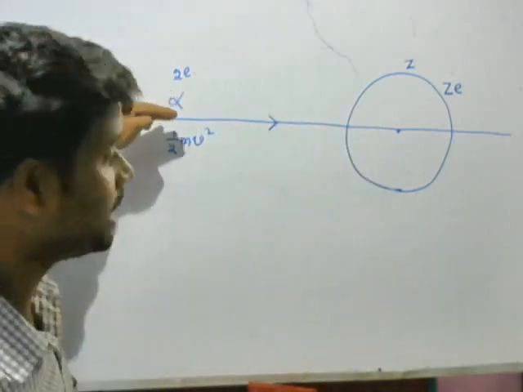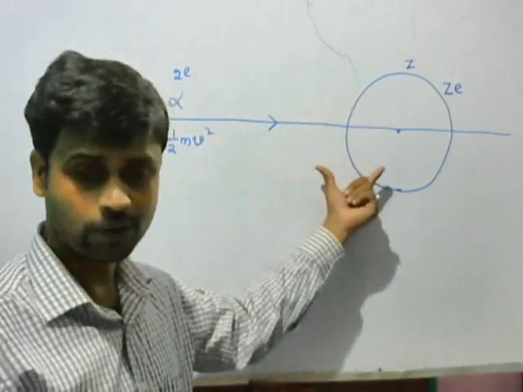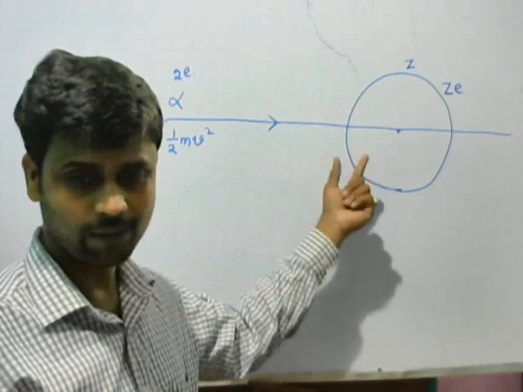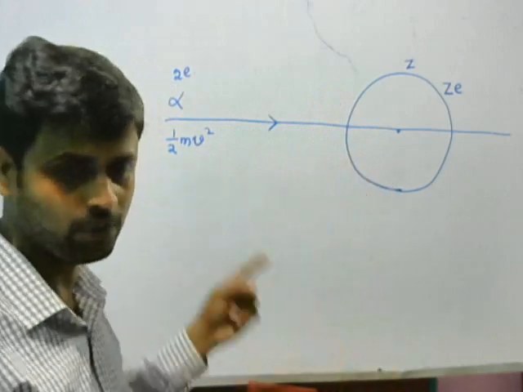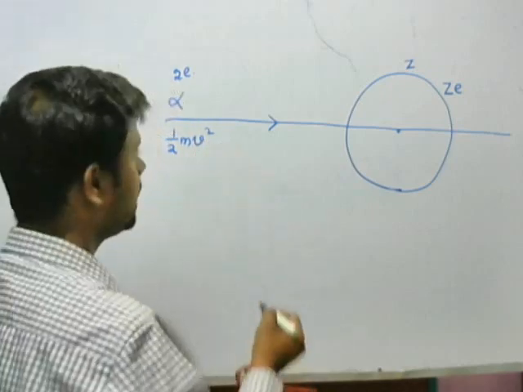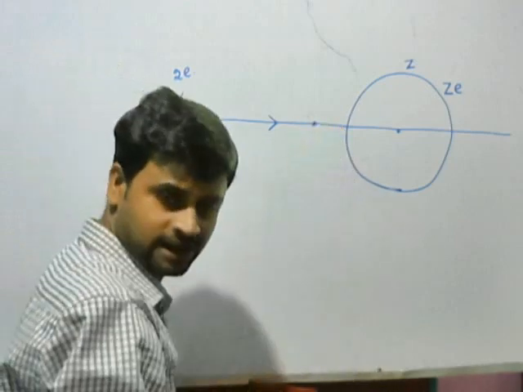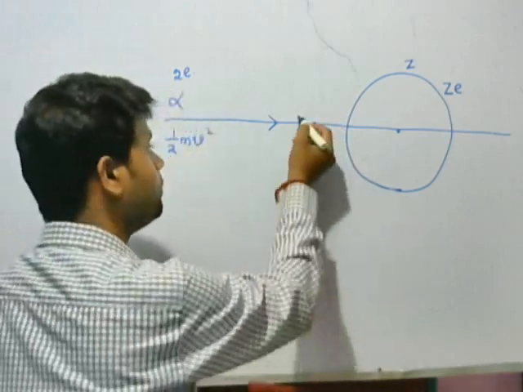When the alpha particle approaches the nucleus, the Coulombic force of repulsion increases, as a result of which the velocity of the alpha particle decreases and becomes equal to 0 at a certain point on the central line and then it is deflected back.